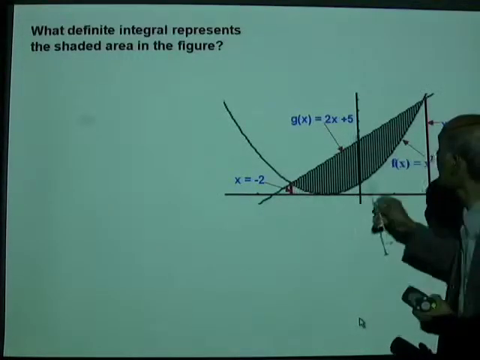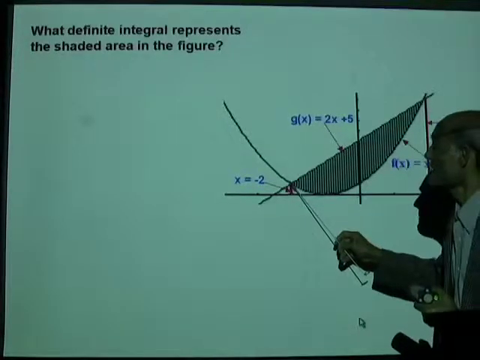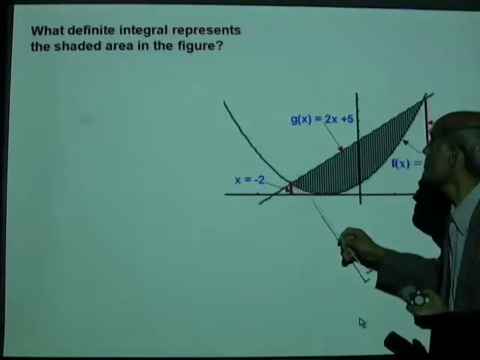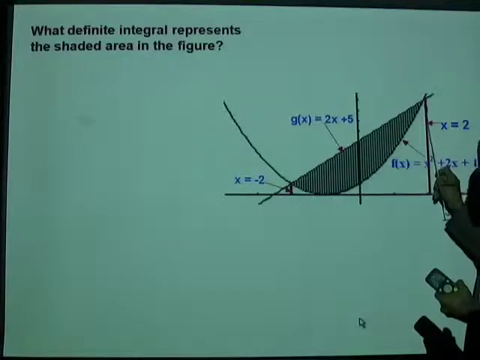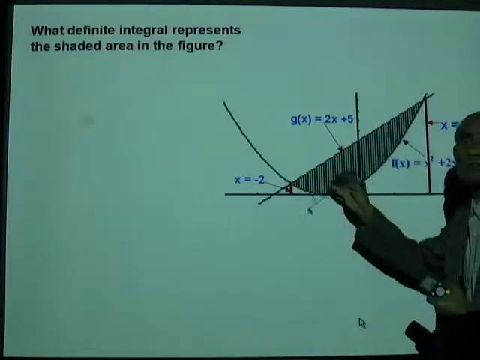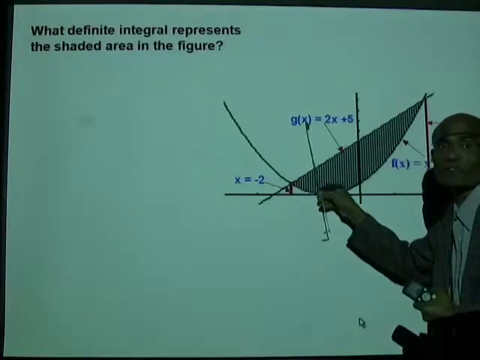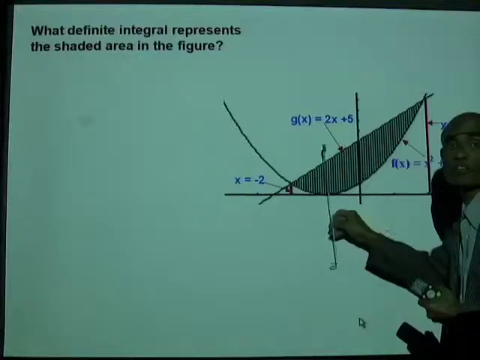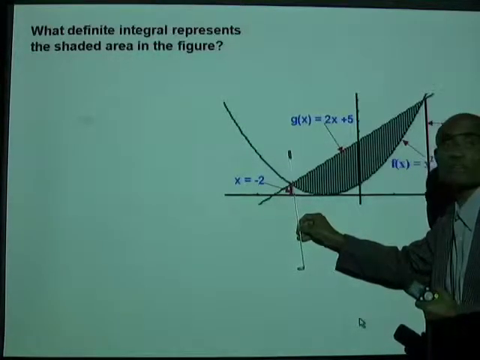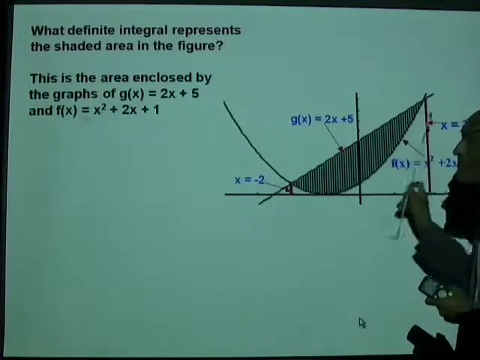Now, look at the two points where they meet. They meet at x equal to -2 and at x equal to 2. That means this area is a measure of the area enclosed between g of x and f of x from x equal to -2 to x equal to 2. Right?